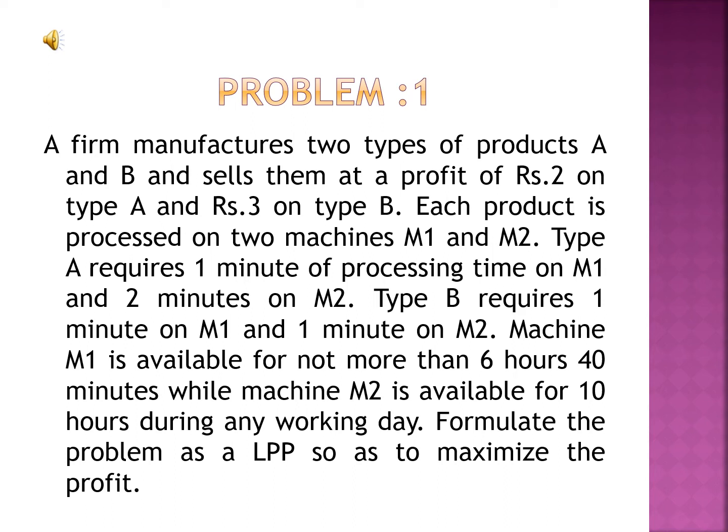Type B requires 1 minute on M1 and 1 minute on M2. Machine M1 is available for not more than 6 hours 40 minutes, while machine M2 is available for 10 hours during any working day. Formulate the problem as an LPP so as to maximize the profit.